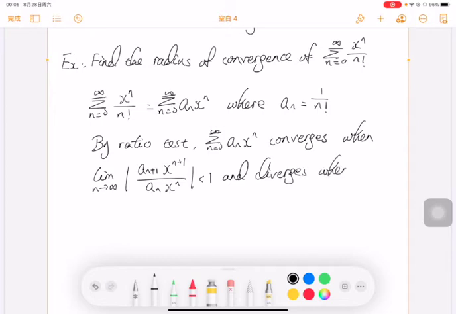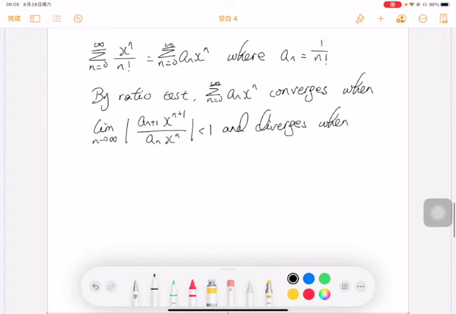So it's the same argument. We just use the ratio test and see when the limit is larger than 1 and when the limit is smaller than 1.